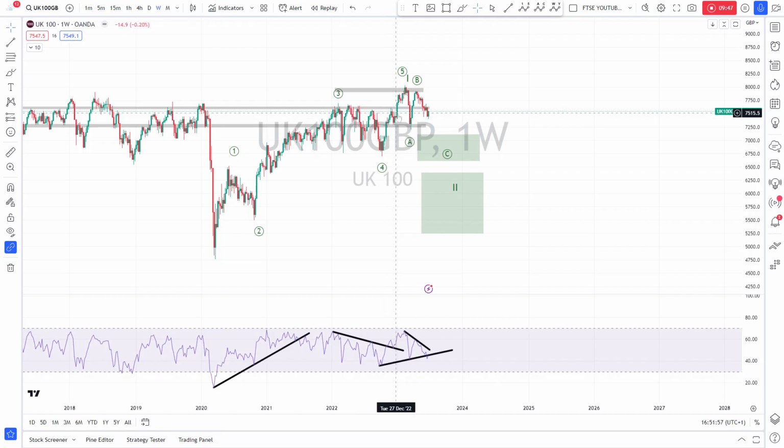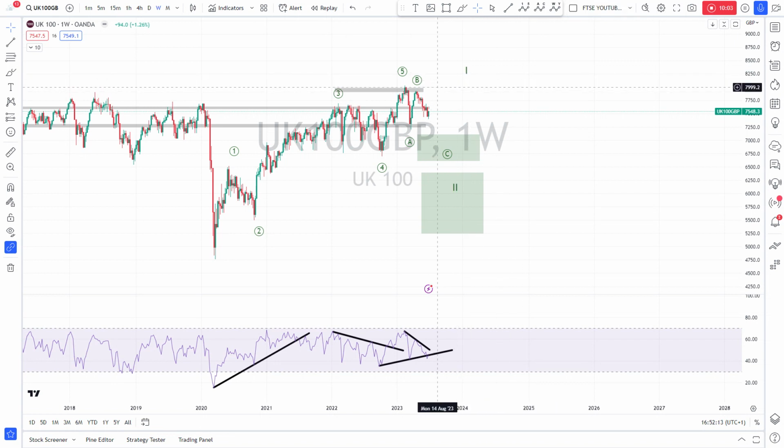So my main scenario is now that the high was in here, but even this does not have to be the case. It could still be that we make one more high somewhere here.